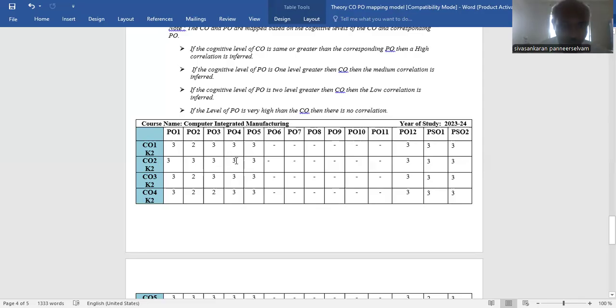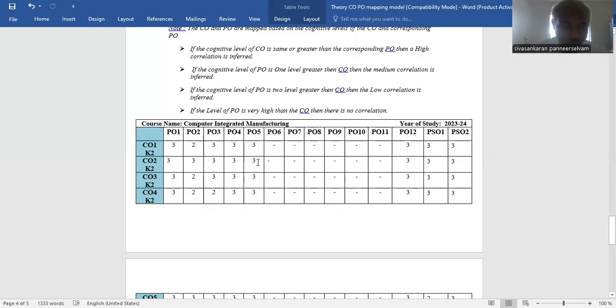So what is PO4? Complex investigation of solutions. In this case also, CO2 and PO4 are mutually rated with the high score 3. And PO5 is modern tool usage.